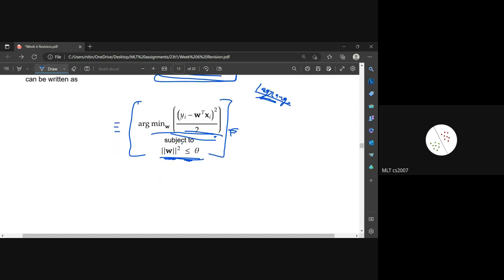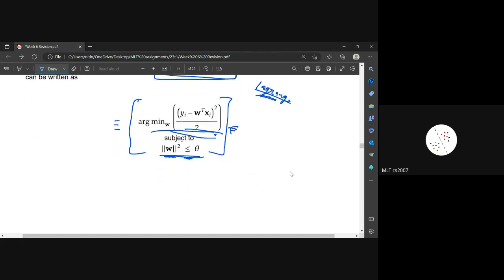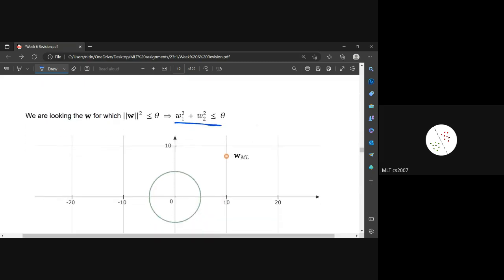Now, for simplicity, I'm assuming W to be a two-dimensional vector, so there are only two features, W1 and W2. So what will this constraint look like? The norm of W is W1 squared plus W2 squared less than theta. What is this equation? This is your circle, right? Interior of a circle.